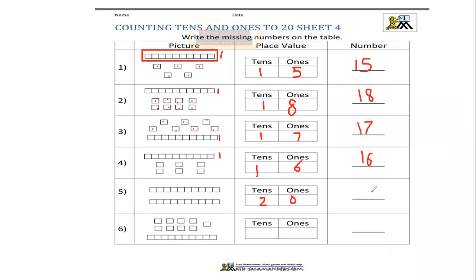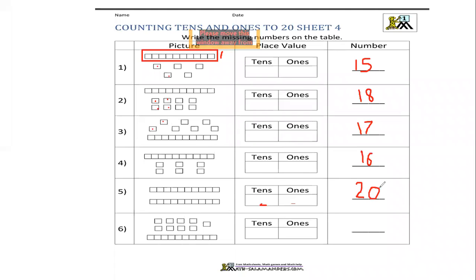So what is the number now? You all can guess the number. Yes, very good. Excellent. Very good, girls. So now you have understood the difference between the tens and ones. So you can write it now. I have the number 20, because I don't have any ones, so that gives me a 0.